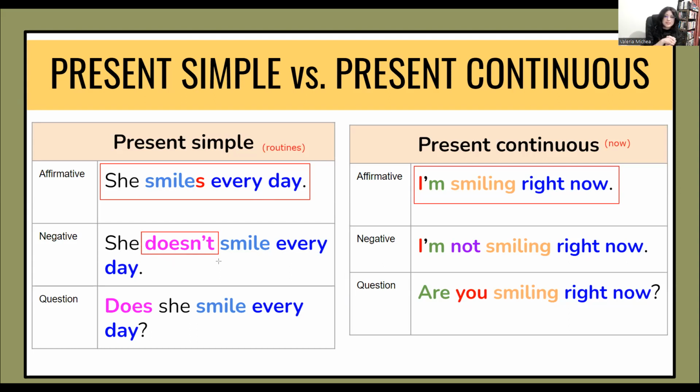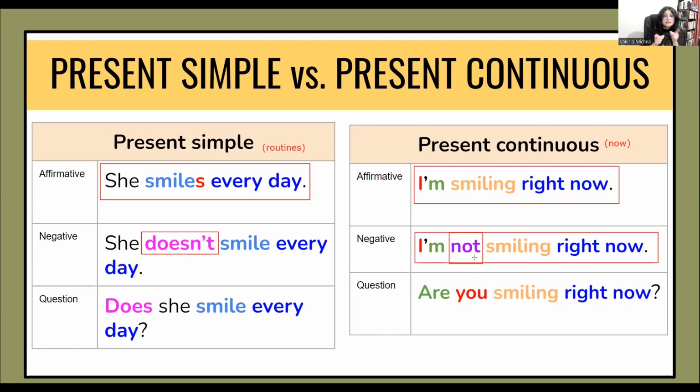So she doesn't smile every day. It's not true. That never happens. Whereas if I want to use it with the present continuous, then it's not the same, because in the present continuous, I never need an auxiliary verb. It's not necessary. Okay, so if I want to say something in the negative form, I'm just going to use not.